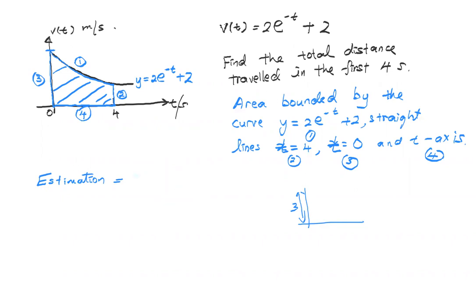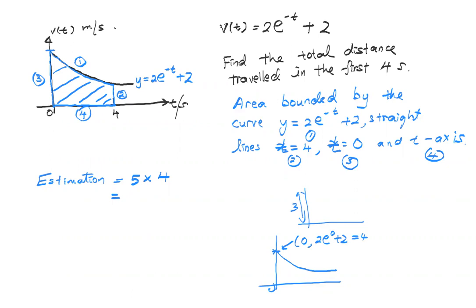Okay, 5 times 4. Why do you take 5? Why don't you take 4 instead of 5? At this point, t is 0, so y will be 2e to the power 0 plus 2, which is 4.